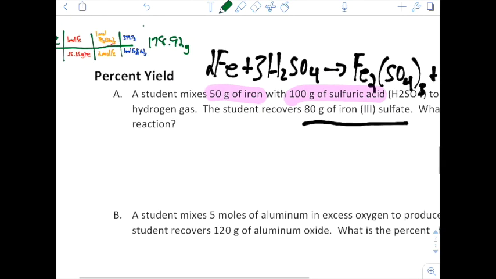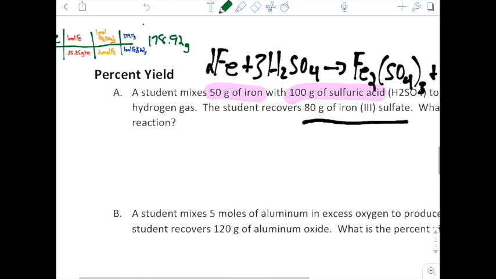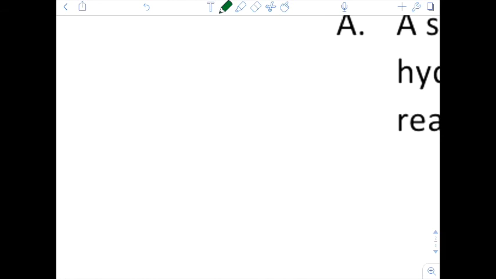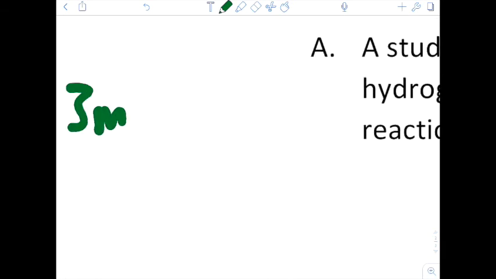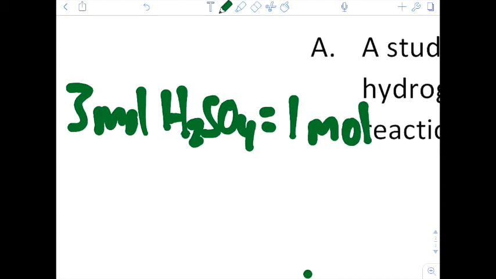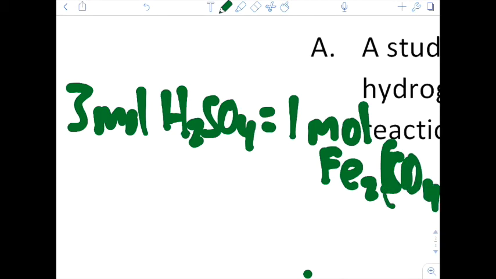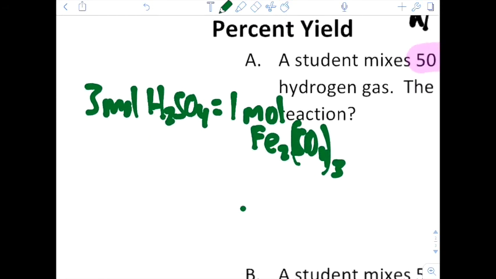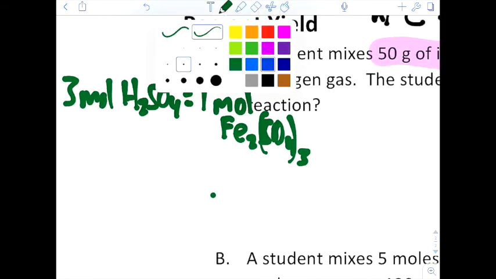So the mole ratio between sulfuric acid and our iron(III) sulfate is 3 to 1. So we go ahead and write that down. 3 moles of H2SO4 equals 1 mole of Fe2(SO4)3. Okay, and then we also need the molar mass of our sulfuric acid.